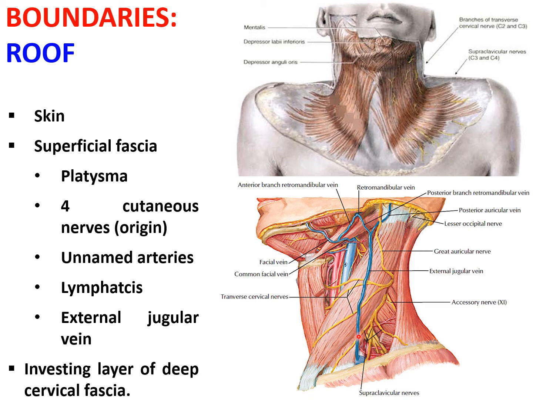Deep to that, there is the investing layer of the deep cervical fascia, which we have already discussed. So the roof is formed by the skin, superficial fascia containing platysma, the 4 cutaneous nerves, lymphatics, cutaneous vessels, and the external jugular vein, and the investing layer of the deep cervical fascia. So the prevertebral layer was forming the floor and the investing layer will form the roof of the posterior triangle.